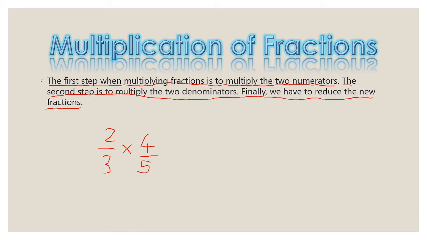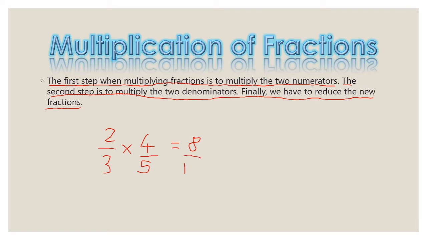According to this rule, the first step is to multiply the two numerators. The two numerators are 2 and 4, so 2 multiplied by 4 is 8. Then we multiply the two denominators: 3 multiplied by 5 is equal to 15.